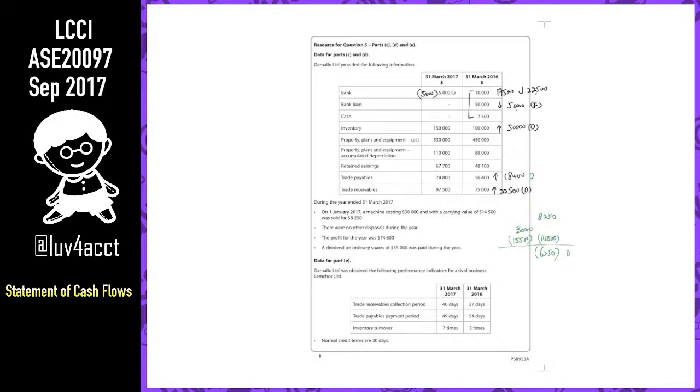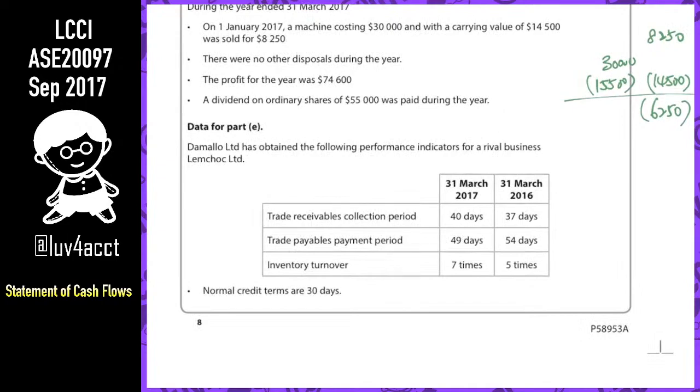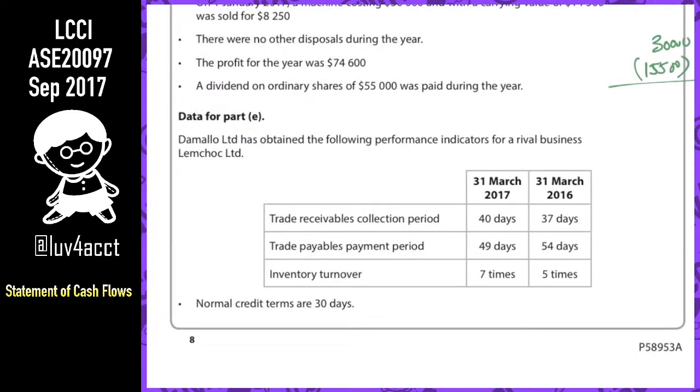Okay, we are the Malo Limited. Obtain the performance indicator of a rival business. Okay, so this rival business, normal credit terms 30 days. Okay, we have to evaluate the performance. So is it doing well or not?